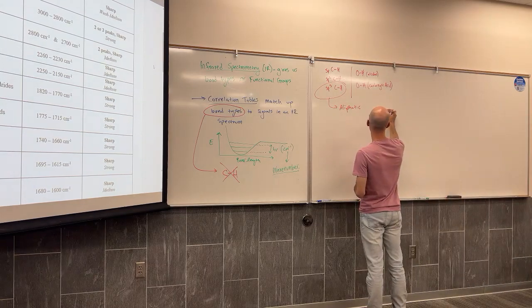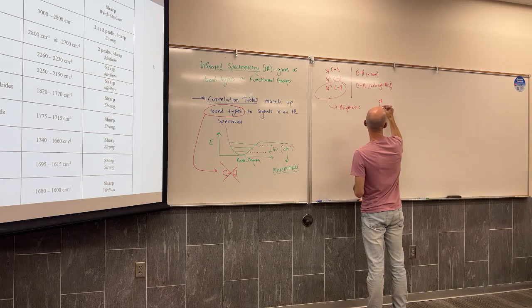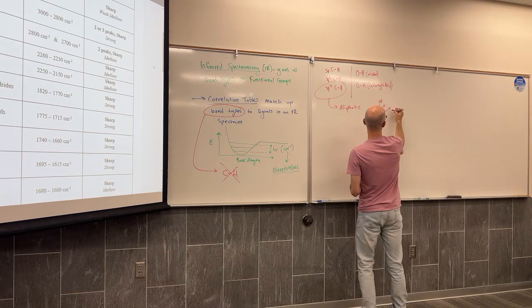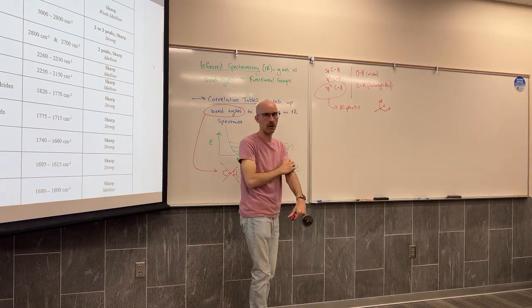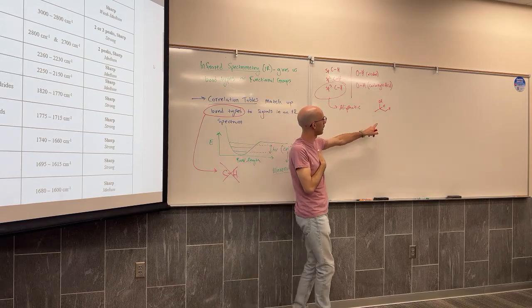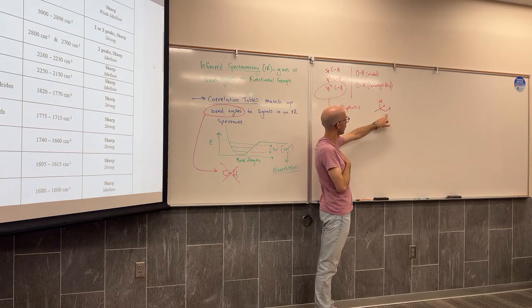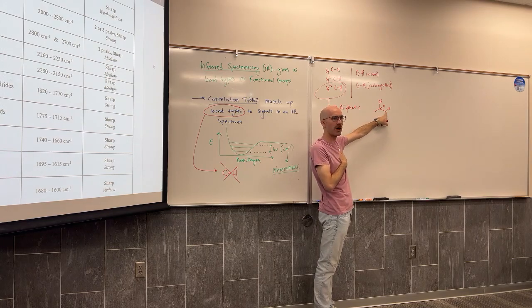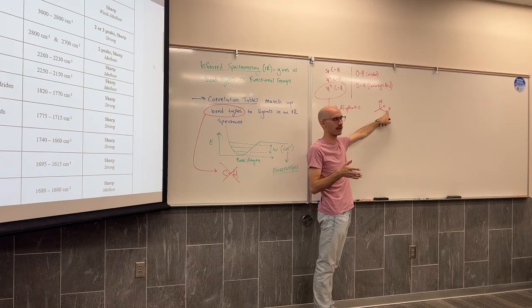If we just take a small molecule like isopropyl alcohol, rubbing alcohol, and we look at the CH bond here and the CH bond here, you might say that this CH bond is alkane because that carbon is only bonded to hydrogen and carbon.